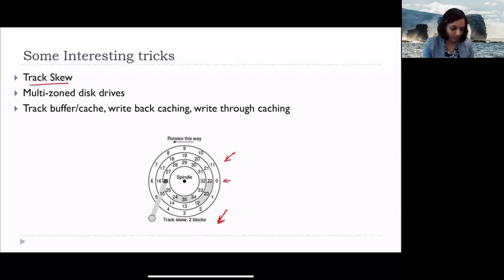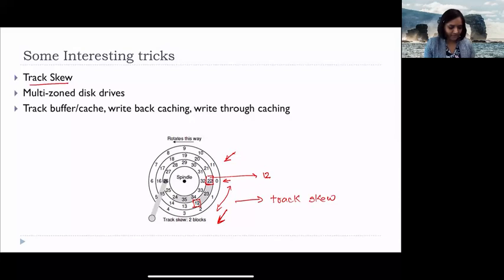So 12 should be in the next immediate inner track. But rather than putting 12 at this location, we put 12 over here. This distance is exactly what's called track skew.